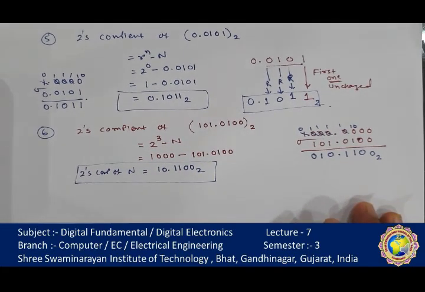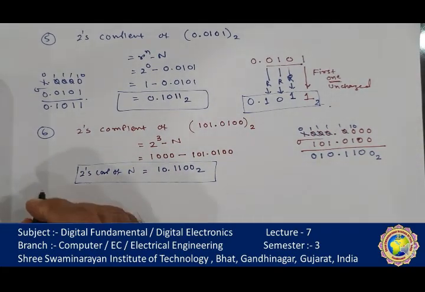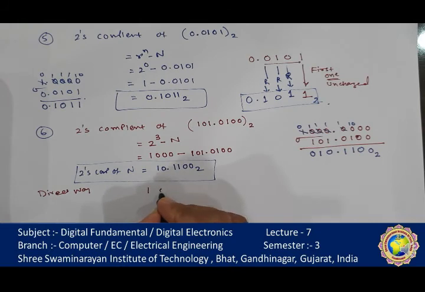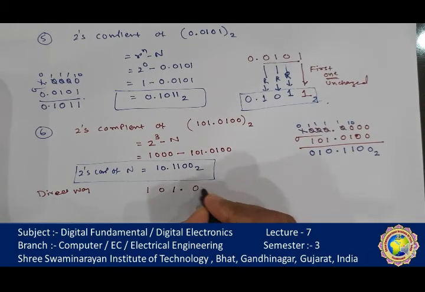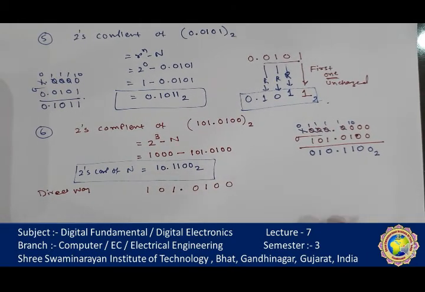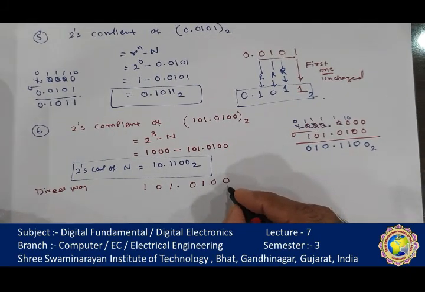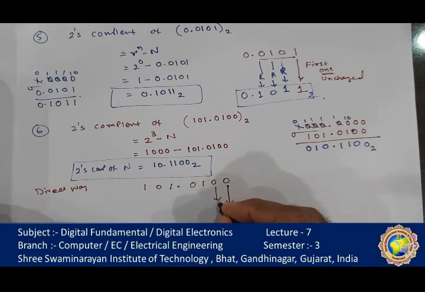Let us apply the direct shortcut way. Our number is 101.0100. The way is we have to start from the least significant bit. 0 does not change. This 0 does not change. The first one remains the same.